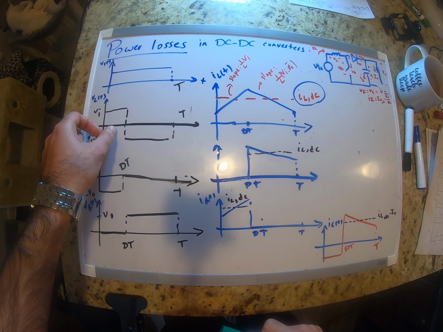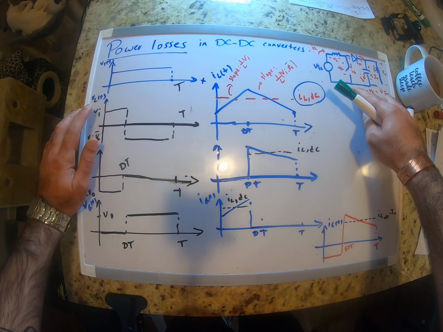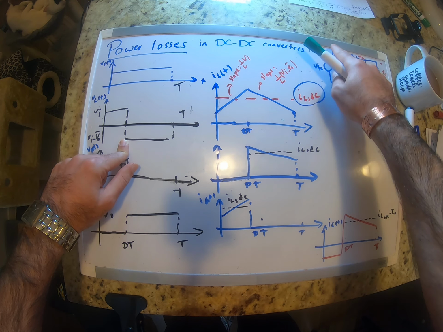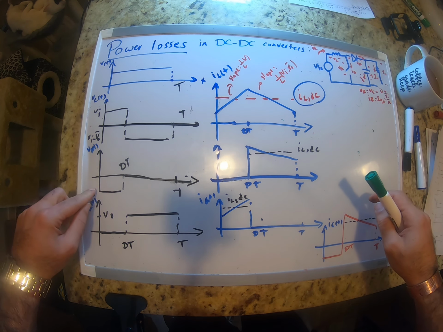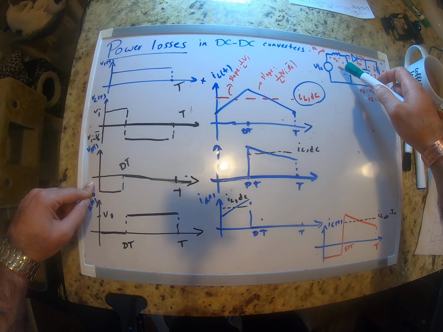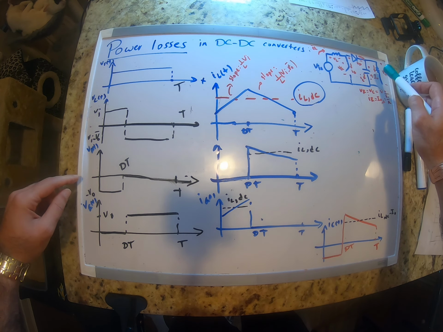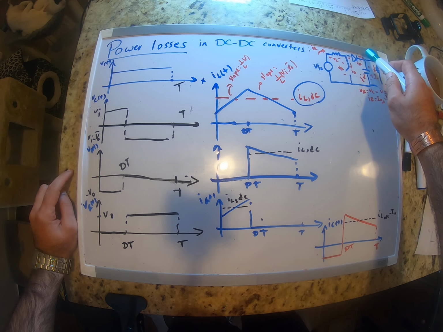For the time that the switch is on, the inductor has Vin, and when the switch is off we have Vin minus VO. The diode is conducting. When the switch is on, the diode is not conducting, right? So we would have 0 here and negative VO here.